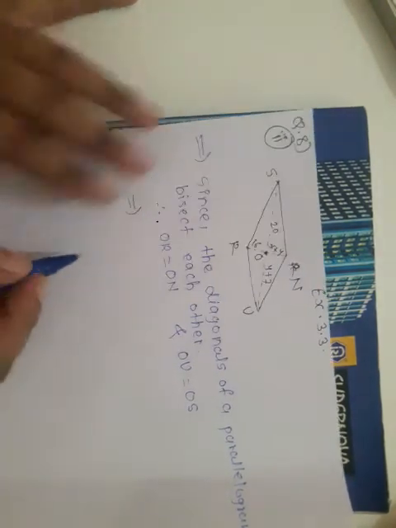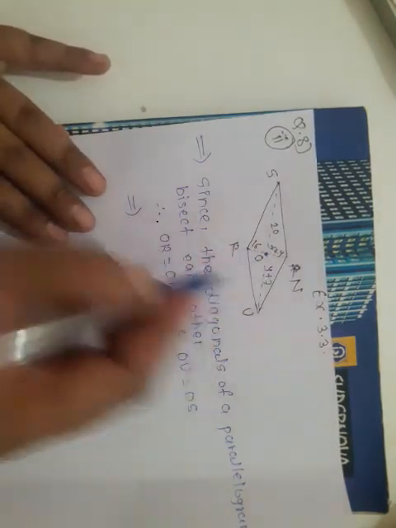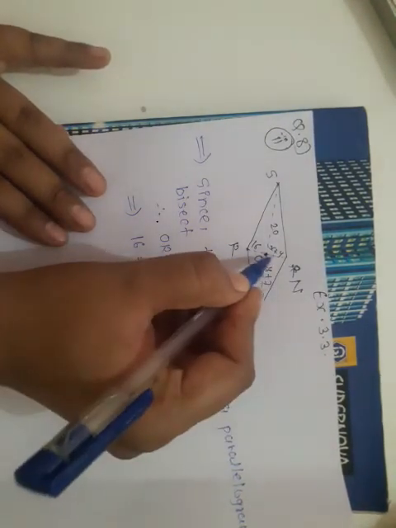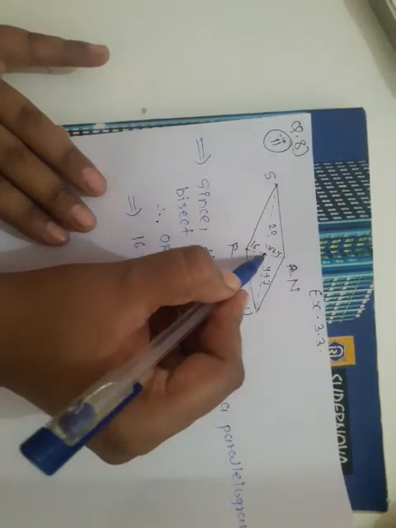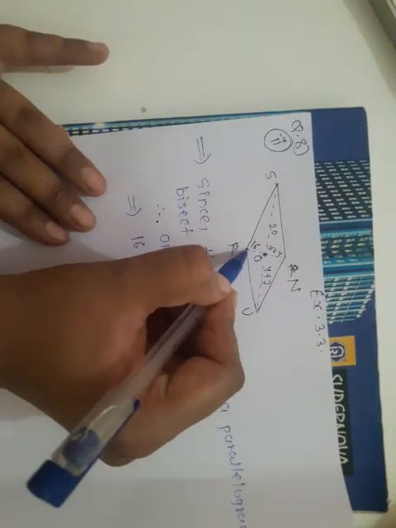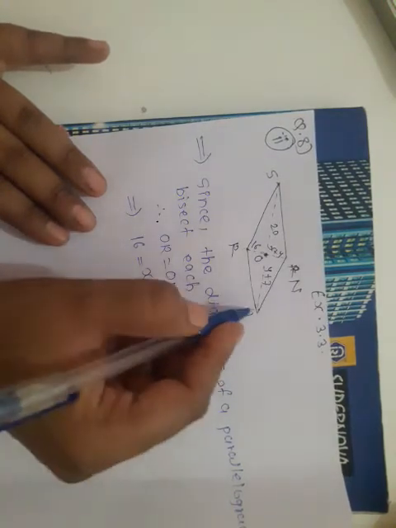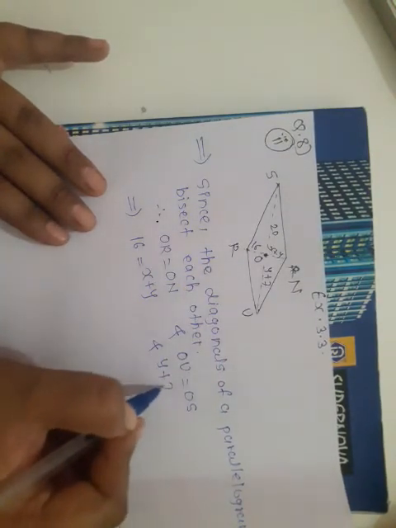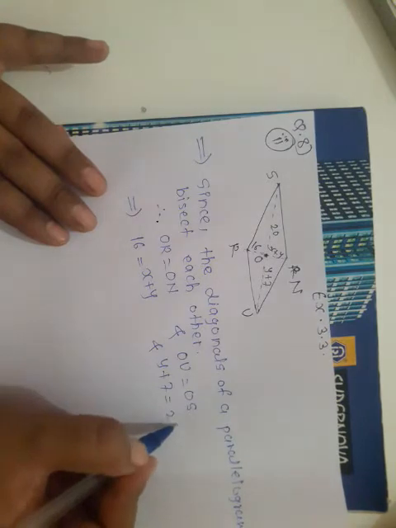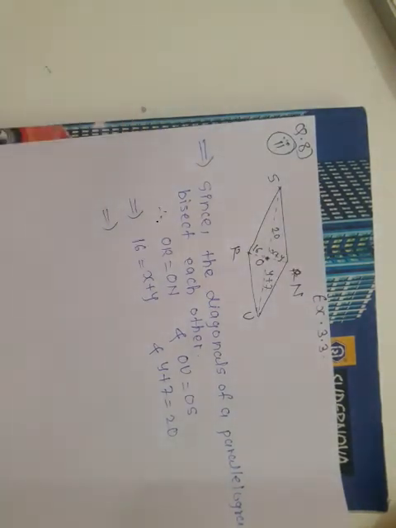So OR is 16, and ON is x plus y. This is the intersecting point. Also OU is y plus 7, and OS is 20. By using this, find the value of x and y.